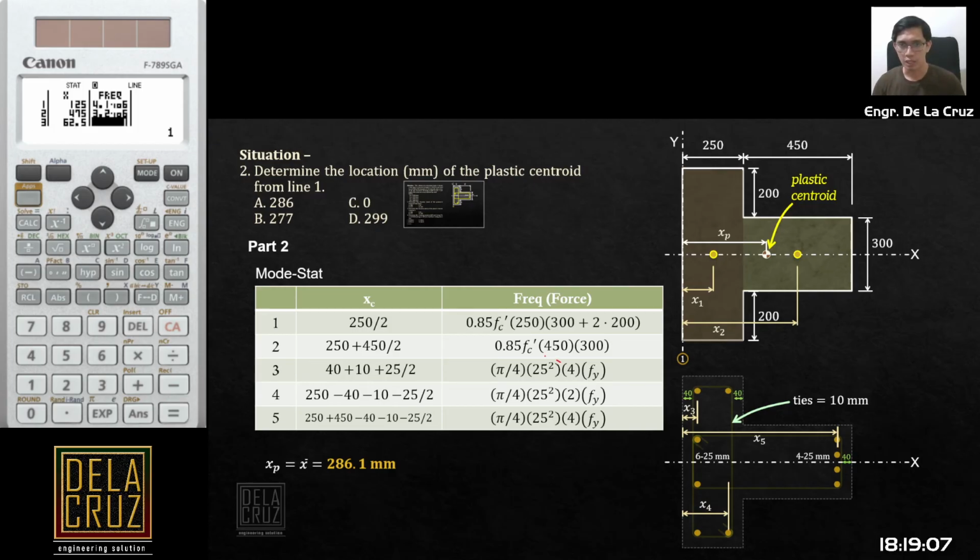Alright, row 3. This area, the area of one bar, is in A. Recall A times 4 times Fy. Our Fy is in Y, which is faster. Okay, so here, that's in A. Recall A times 2 times Fy.